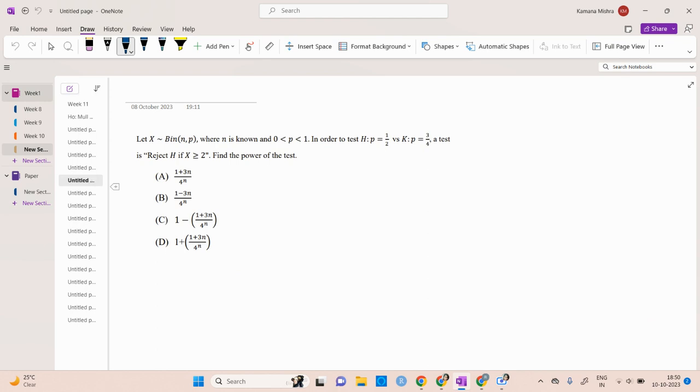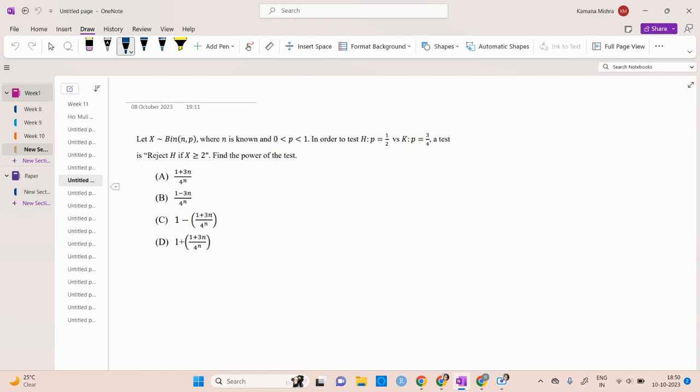So the next question is that we have X following the binomial distribution with n, p, right? So n is the number of samples, which is known, it's given here, and p is what? P is the probability of truth, right? Truth value.